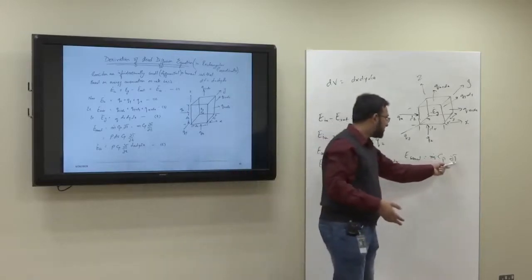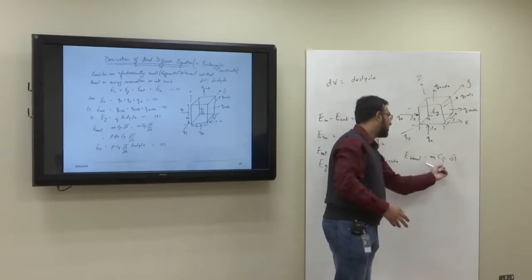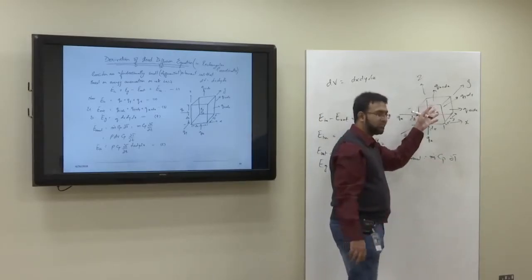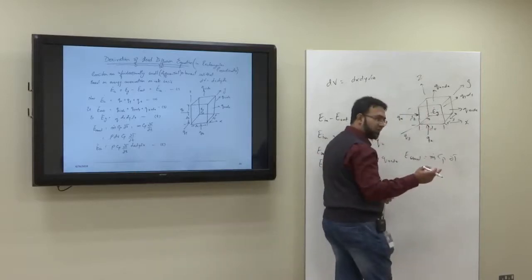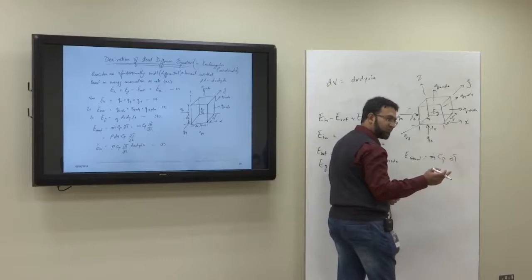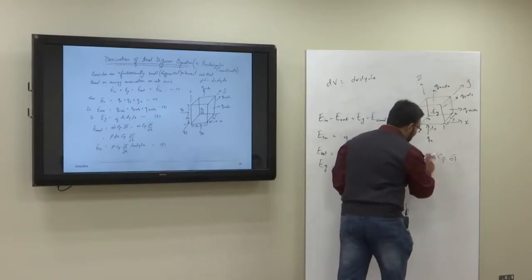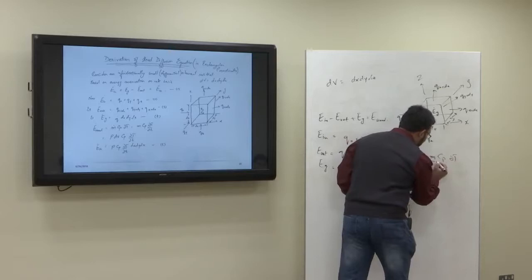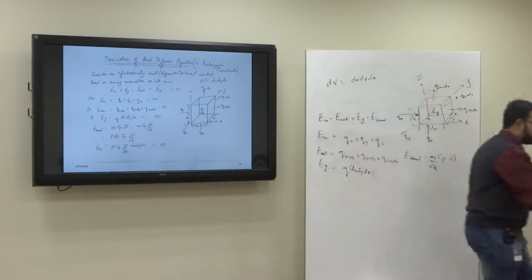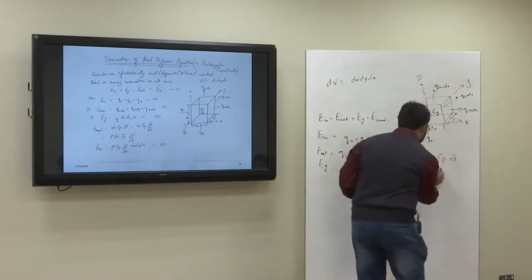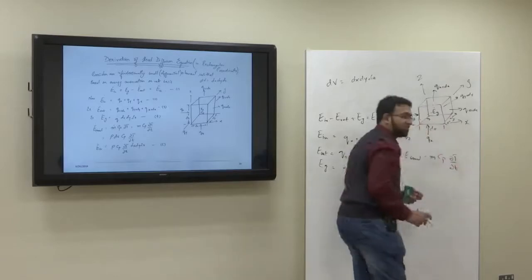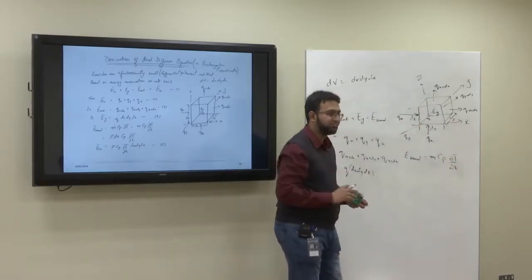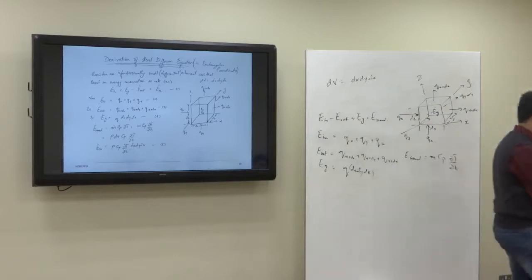So the change in temperature corresponds to the energy stored, based upon the capacity of this thing, multiplied by m dot, which is mass per unit time, so it becomes the change in temperature with time, dT/dt. So that's the energy stored.